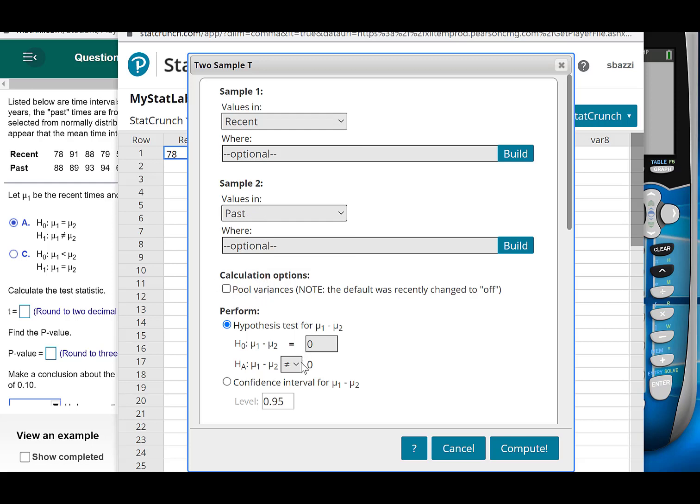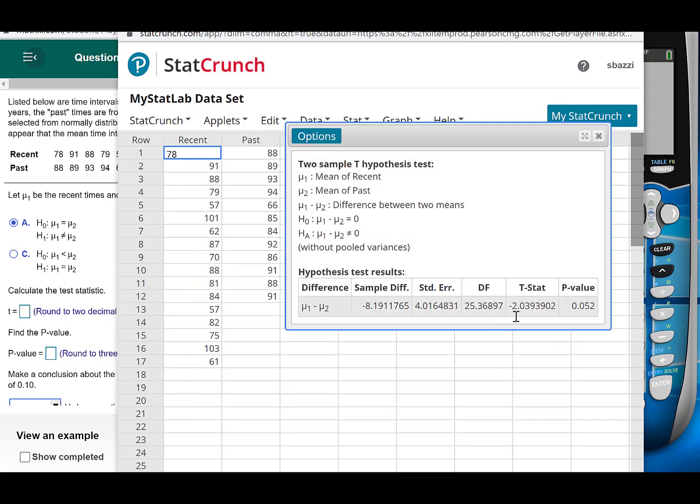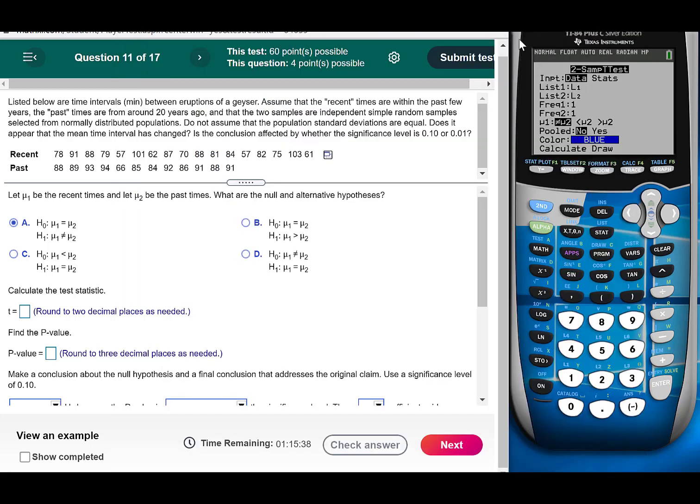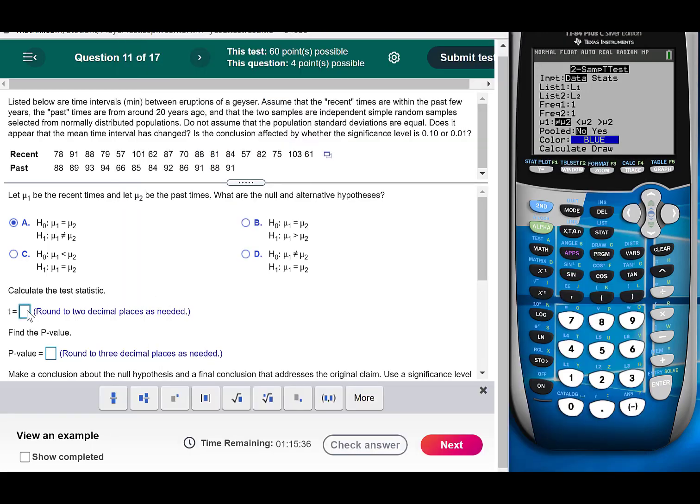And then just different from 0, which works well because by default the difference is always chosen for us. Compute. And look, guys, this is the test statistic, negative 2.04, and this is the p-value, 0.052.